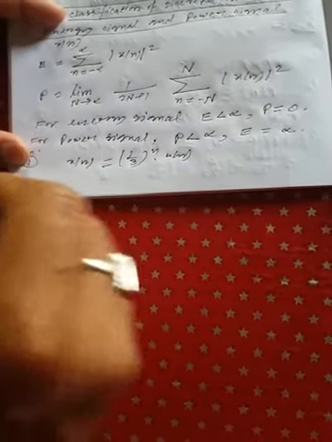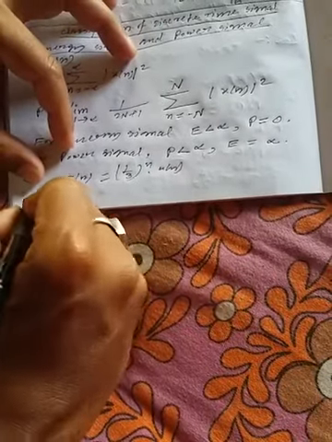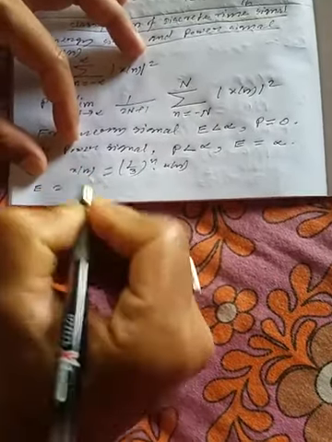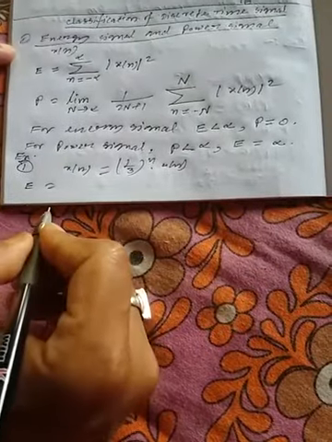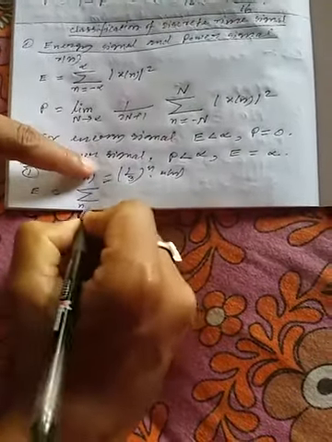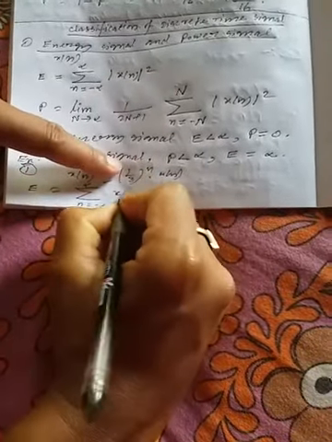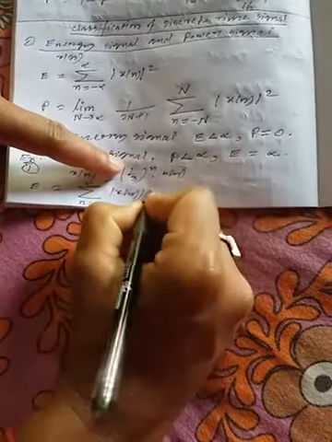Now we have to check whether this signal is an energy signal or a power signal. At first we have to calculate the total energy of the signal. Total energy E can be calculated by this formula, summation n equal to minus infinity to infinity of mod of x[n] whole square.